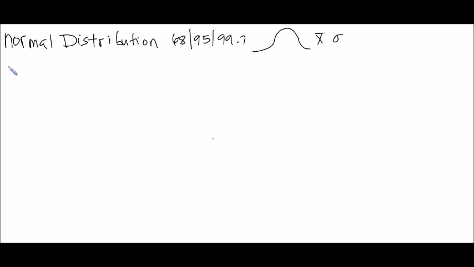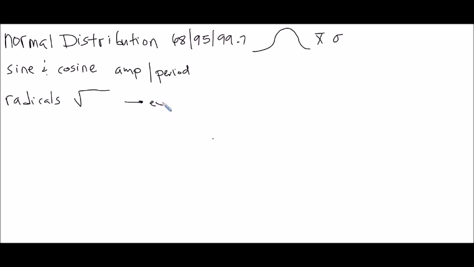We also know Park is going to have sine and cosine. You would have to know what is controlling your amplitude and what is controlling your period. Then we would have to know radicals, and how they're controlled and how to find extraneous solutions and what extraneous means.